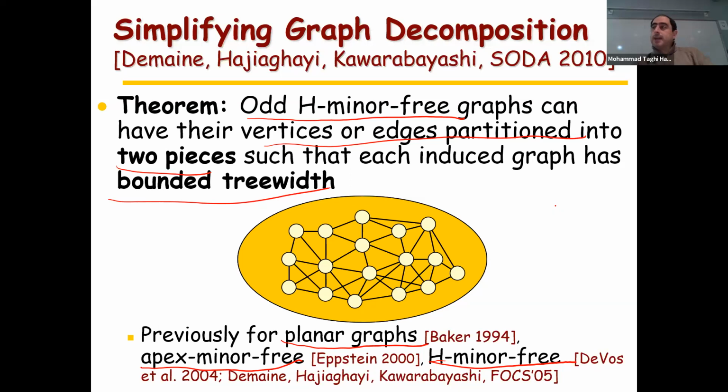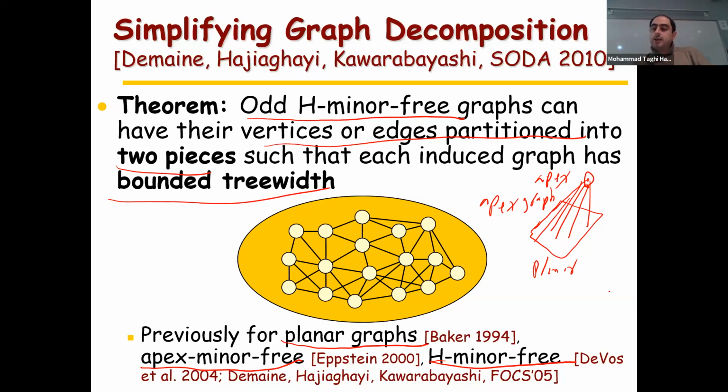So you have a planar graph, and then you add one vertex, and you connect it to some vertices in this planar graph. This vertex is called the apex, and this is called an apex graph. So an apex minor free graph generally means a graph that does not have this kind of apex graph.